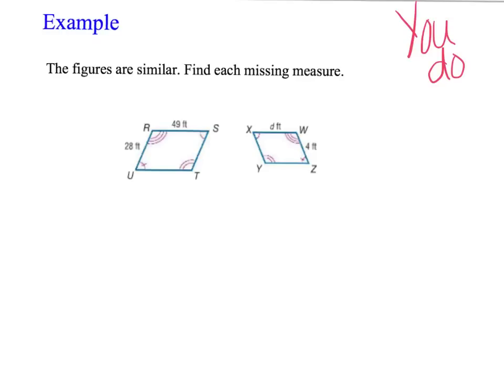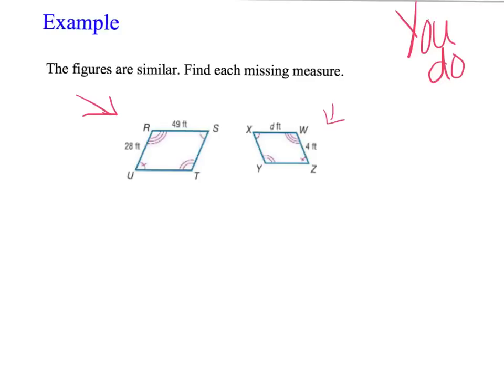Alright, now this one is a little bit tricky because our sides are not exactly lined up. You see, RSTU is a little bit flipped from WXYZ here. So we have almost a mirror image. So we have to make sure that the sides that we set up as a proportion are going to be the corresponding sides.